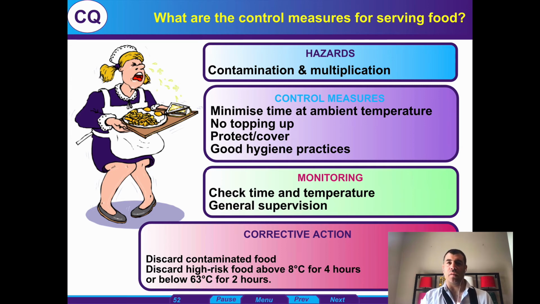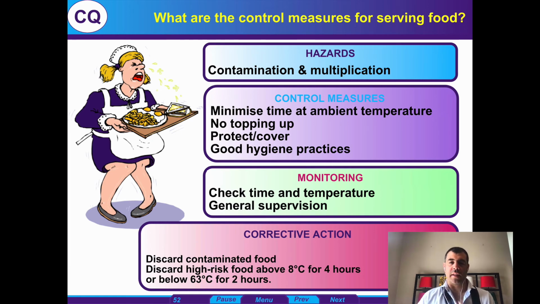In light of COVID-19, this is specifically relevant, so good hygiene practices involve hand sanitation, alcohol, hand swabs, etc. Monitoring is done by checking time and temperature, and also providing supervision.